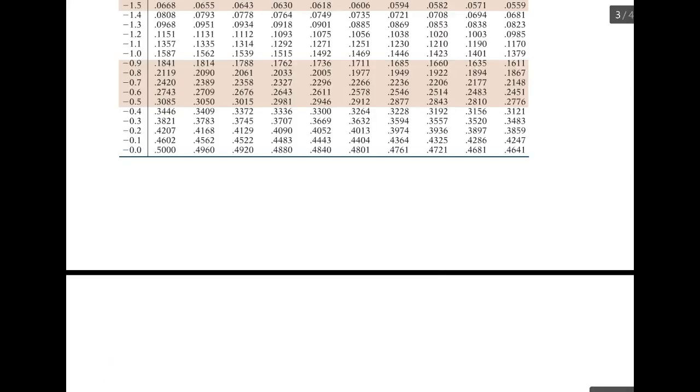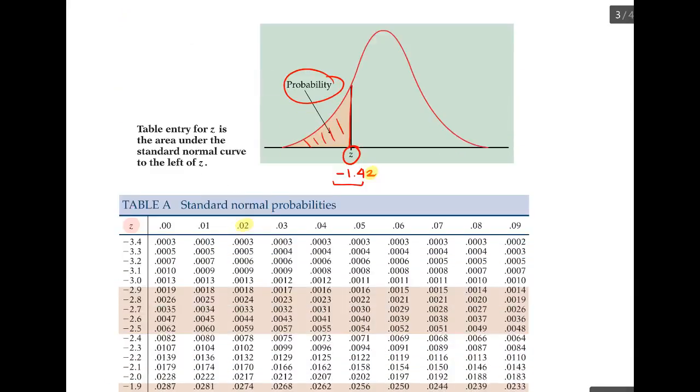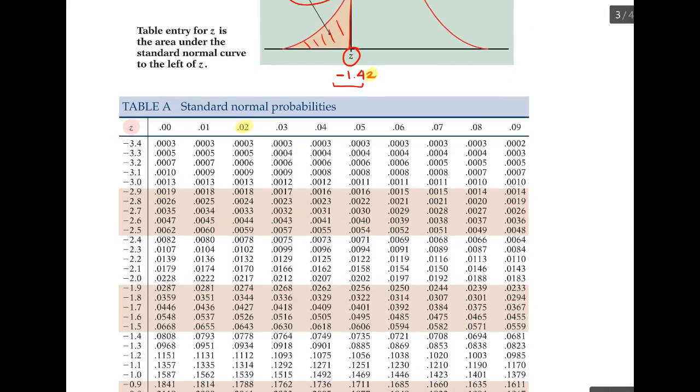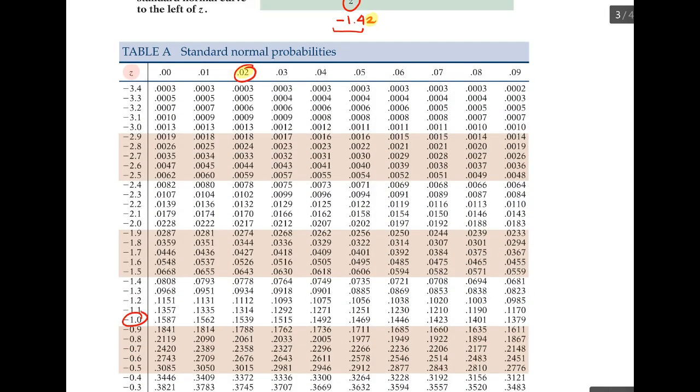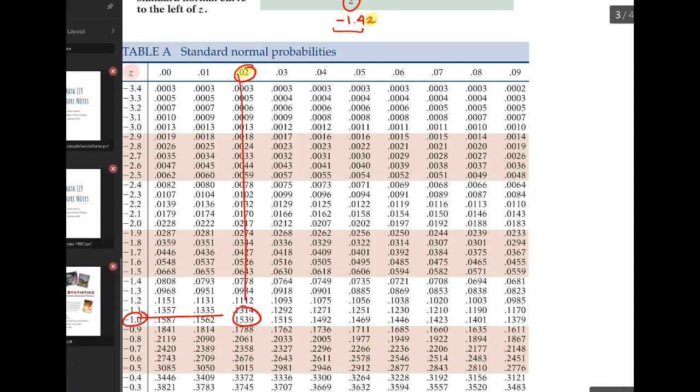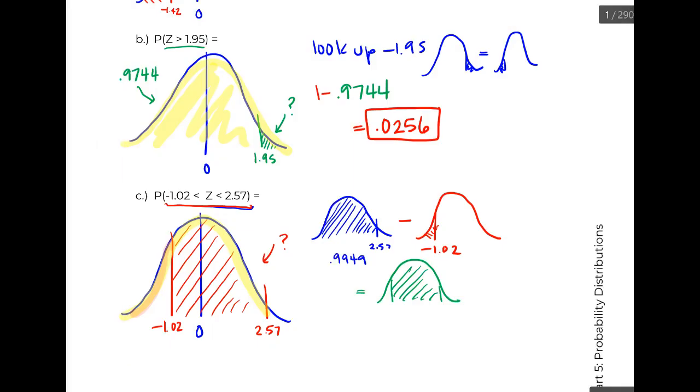Negative 1.02, 0, 2, takes us to 0.1539. And if I subtract those two from each other, I'll be left over with 0.8410, which is the probability we're interested in.